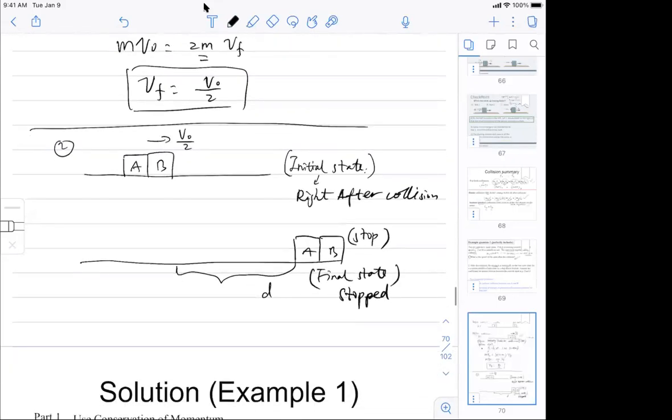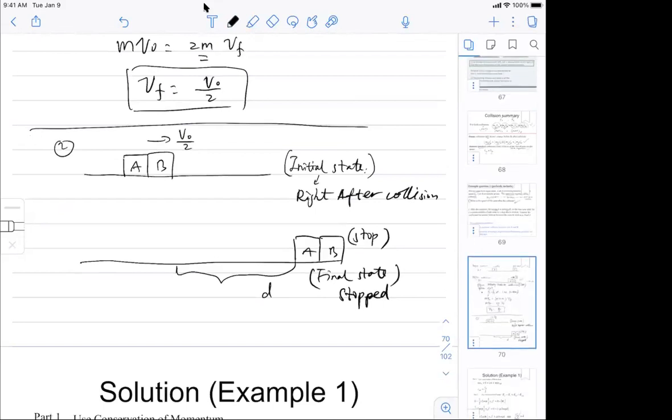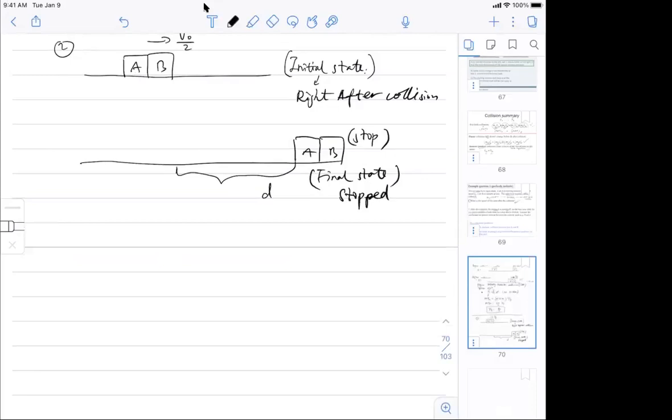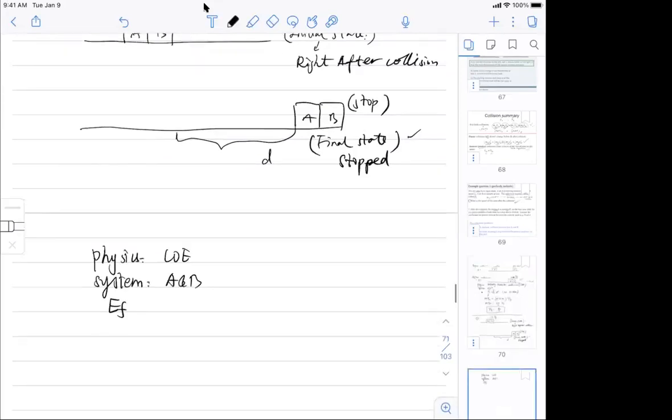So let's not forget conservation of energy. The physics is conservation of energy. Again, our system is A and B. Okay, the initial state and final state are figured out. Let's look at all these energy terms.